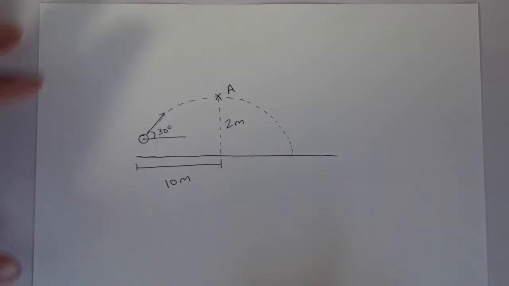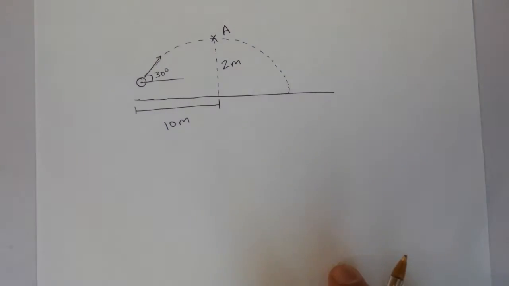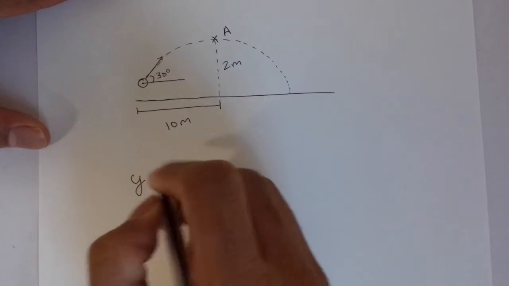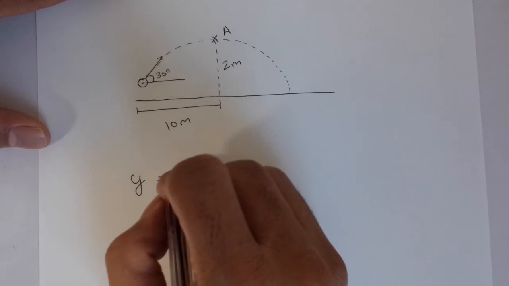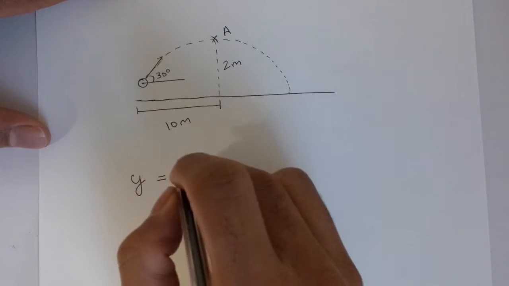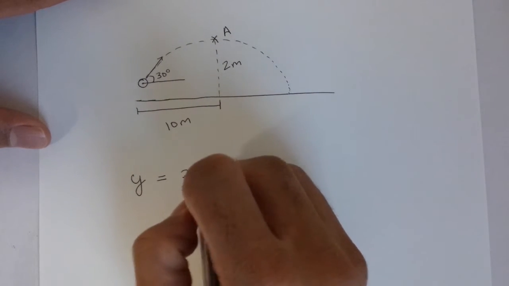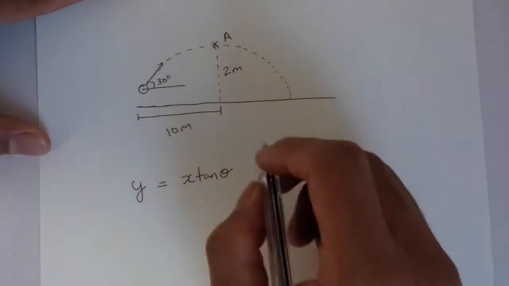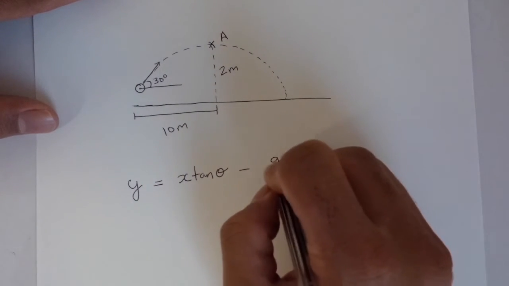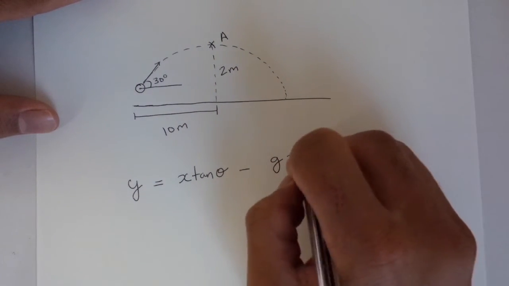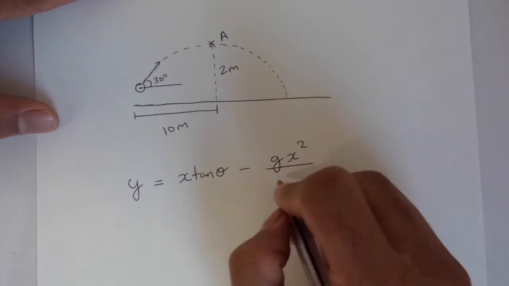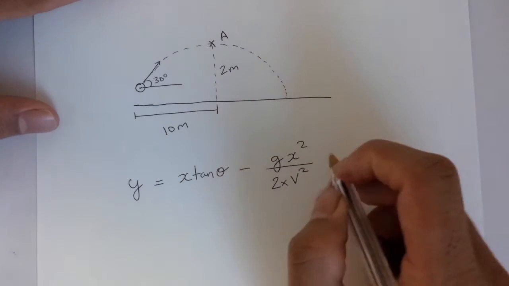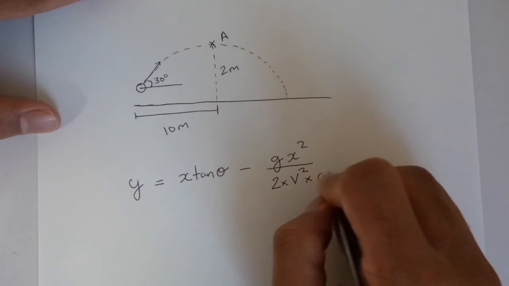You should be knowing from your lessons that the equation of trajectory of projectile motion is given by y, which is the vertical displacement, is equal to x, the horizontal displacement, multiplied by tan theta, where theta is the angle of projection, minus acceleration due to gravity into the horizontal displacement square upon 2 times the initial velocity square into cos square theta.